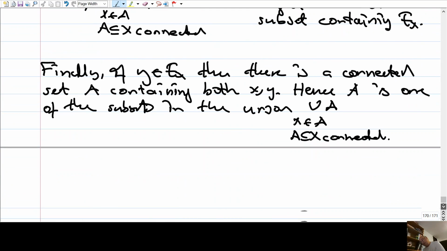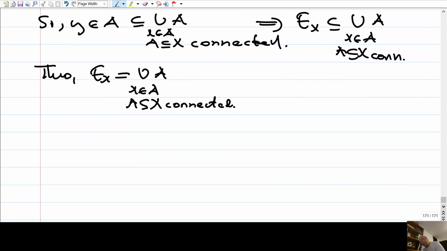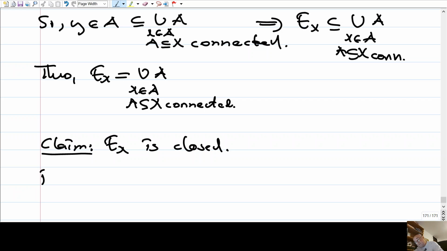Another claim is this. EX is closed. Why is that? Proof. Well, EX is the largest connected set containing X, right?